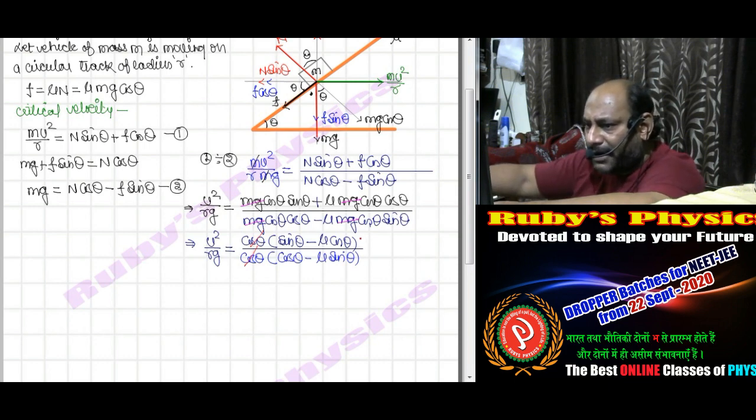Now let me divide the numerator by cos theta and also the denominator by cos theta, and take this cos theta inside.